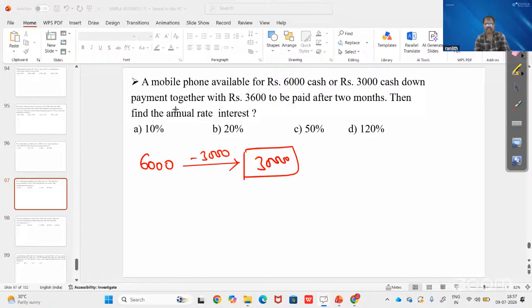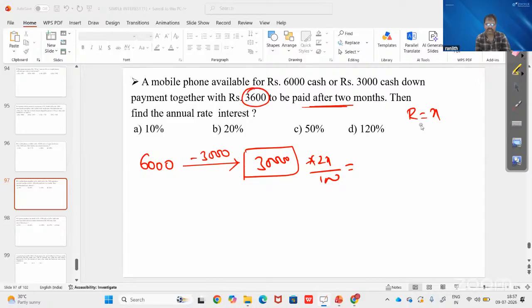So with the payment after 2 months, the rate of interest is x. Two months is 2x by 100. The total amount he is paying is 3,600.